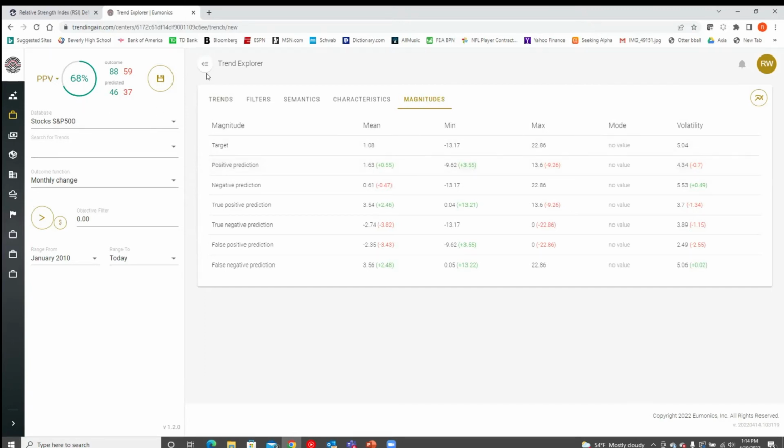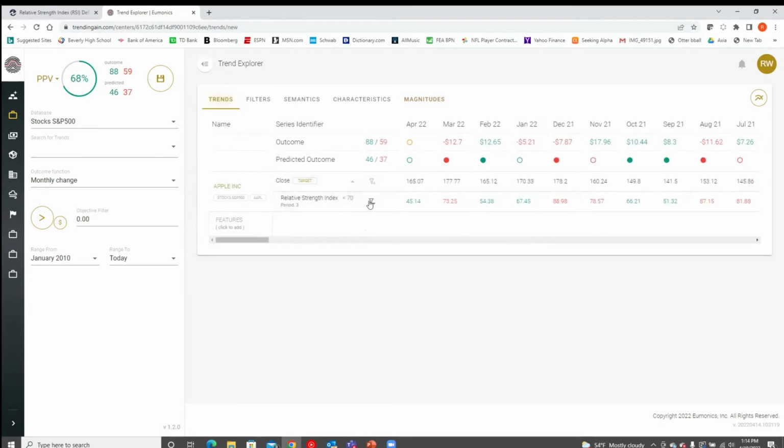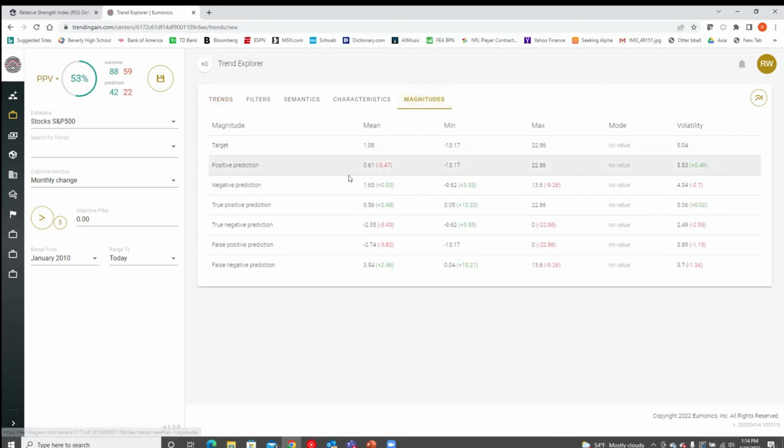So just to be clear about this, let me put this back again and show this one more time. When the relative strength index is greater than 70, the average price change in Apple stock is still positive. It's still 61 cents on average. However, it's significantly lower than the average over all periods.